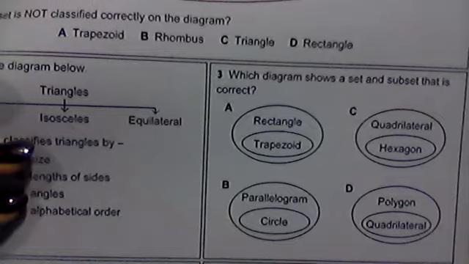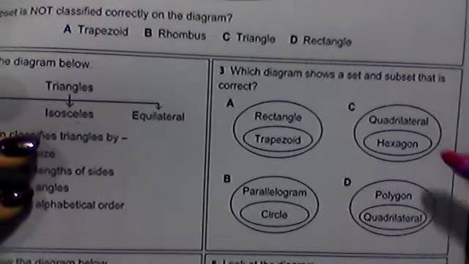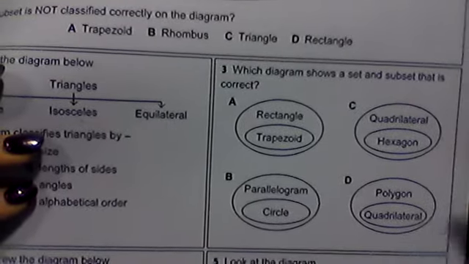Moving on, we're going to go to the other side, the side that says page 1 right here. I want to talk about question number 3 that looks like this. It has a bunch of different subsets.